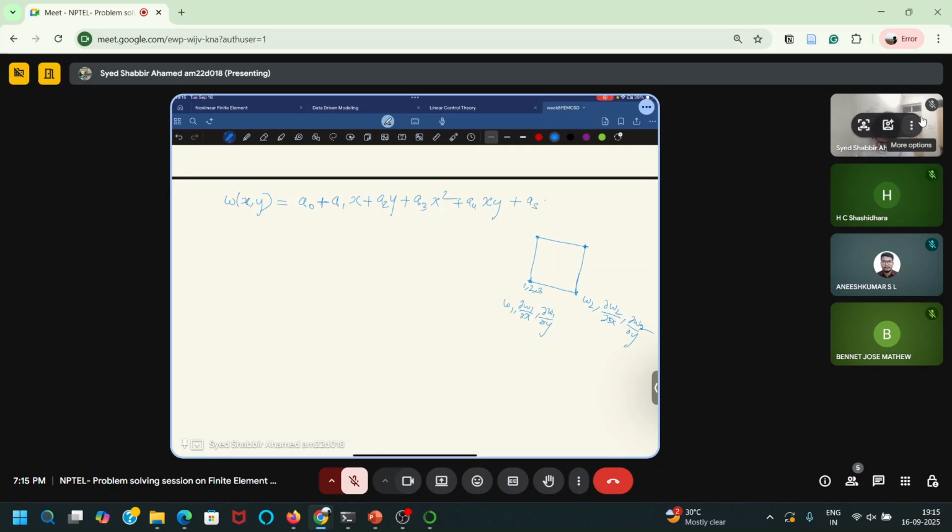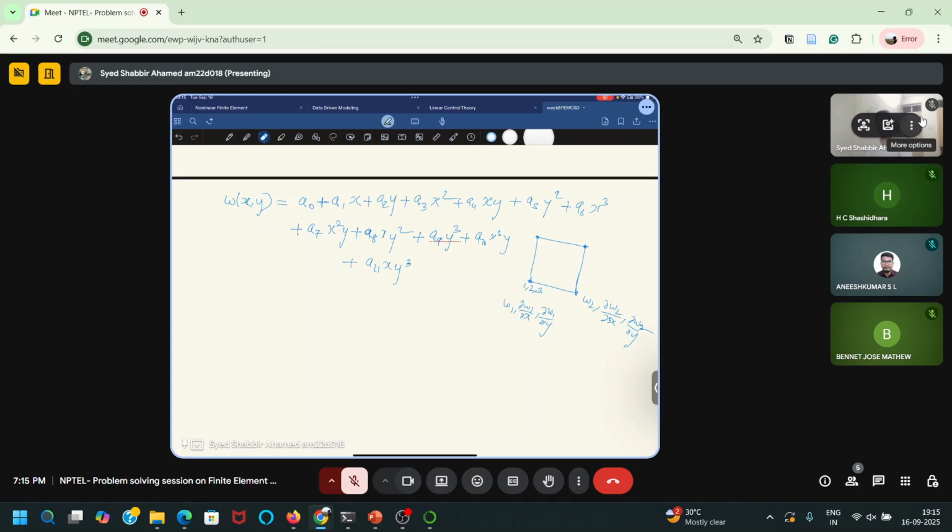So x square a5, y square a6, x cube a7, plus a8 x square y, plus a9 xy square, plus a10 y cube. Sorry, not 9, don't confuse it. And a11 xy cube. So my solution approximation should have at least 12 terms. Those are all the 12 terms which I'm taking.